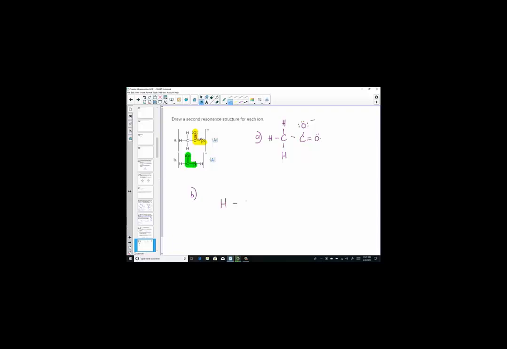We would have hydrogen attached to carbon, and then instead of a double bond going up to the oxygen, we would place a single bond. And then the double bond could be delocalized between the nitrogen and the carbon. So another valid resonance structure is to distribute the double bond in the opposite direction from the carbon.